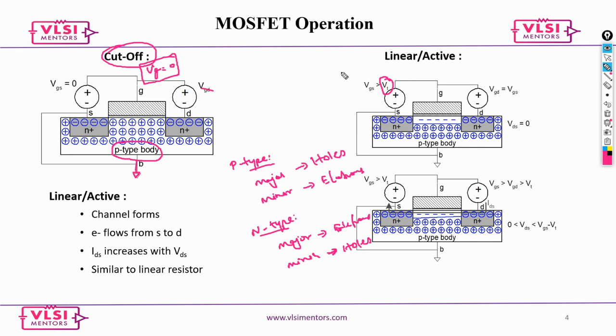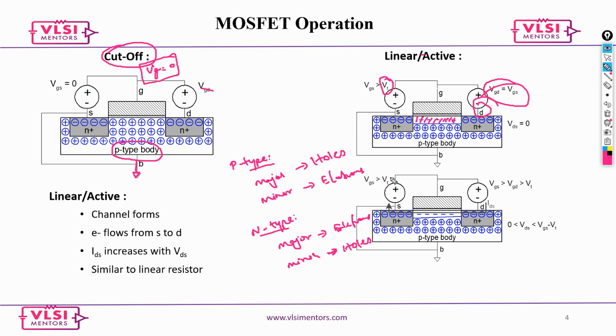Now, when it comes to linear or active, you provide some supply. What actually happens is the channel is formed by pushing the holes down. This is the channel that is getting formed. The charges travel, and that is how your drain potential increases.